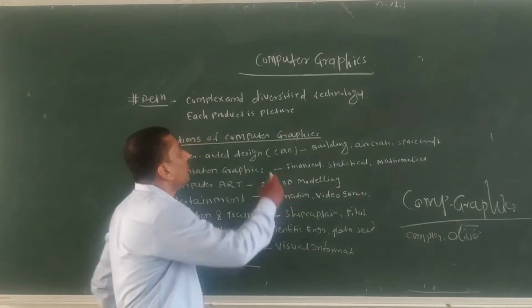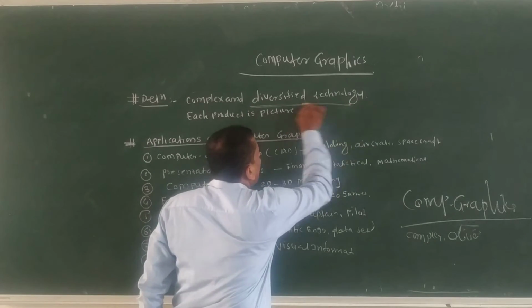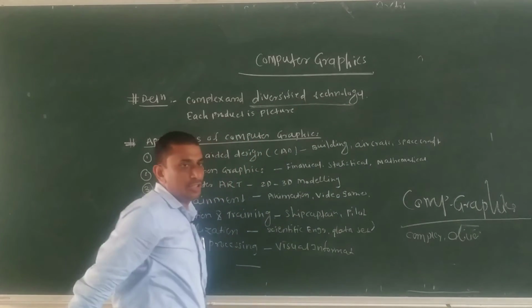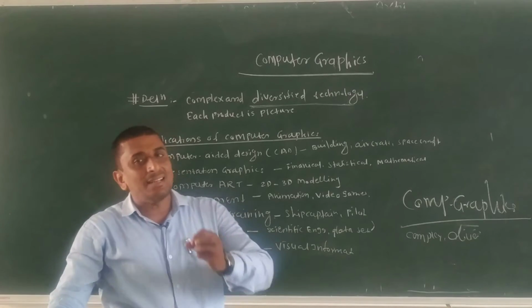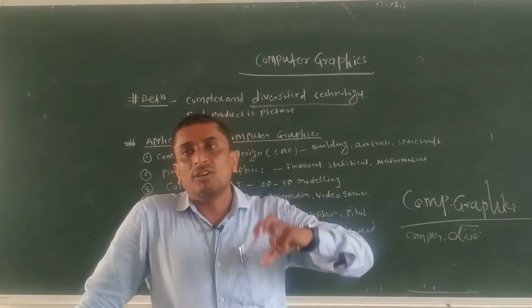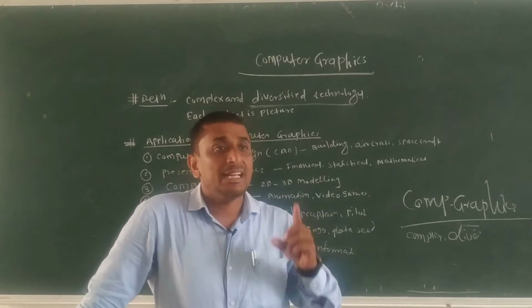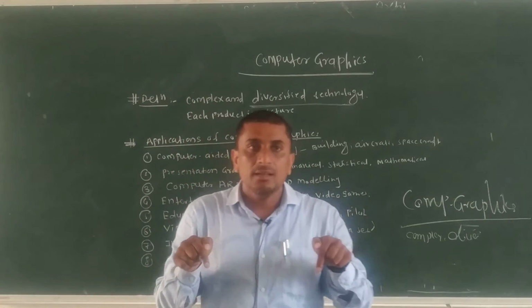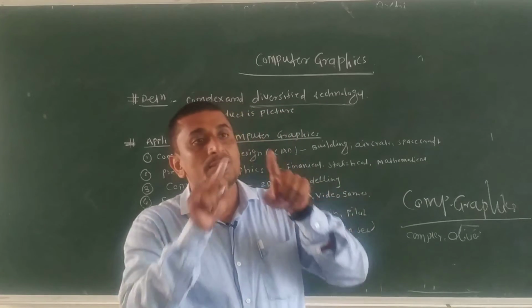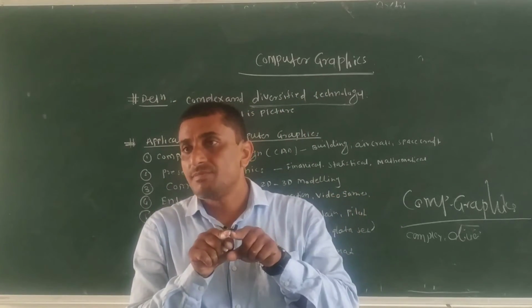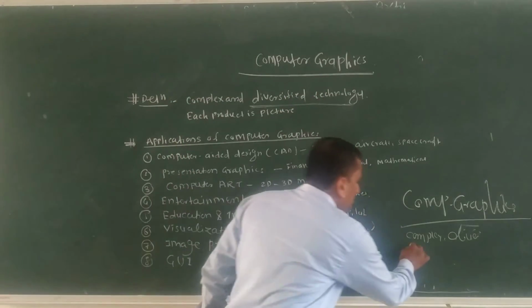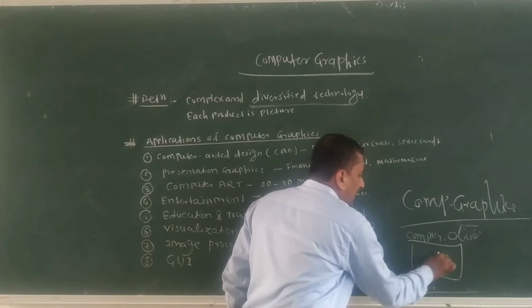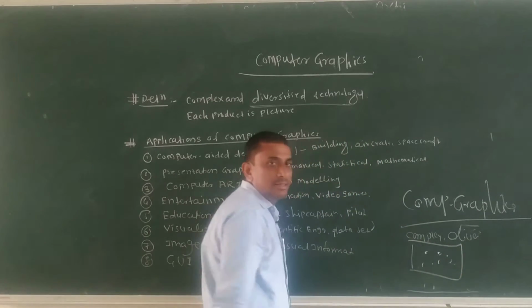Therefore this can be specified as a diversified technology. What will be the end result of any computer graphics? It deals with the formation of pictures. Obviously this picture can be formed by a collection of different pixel points.